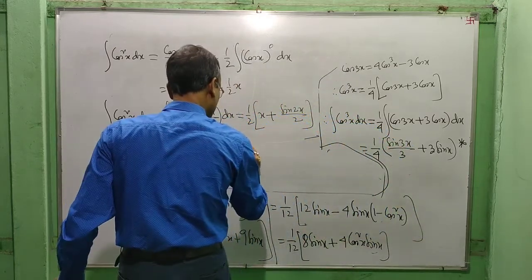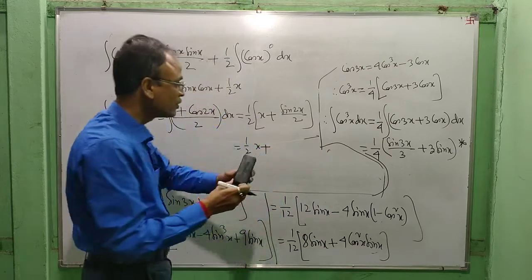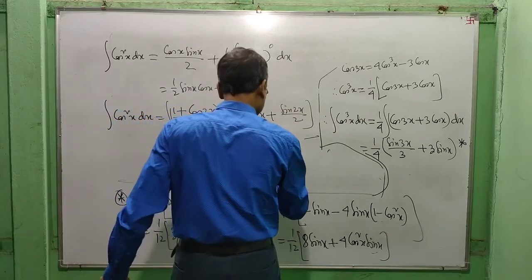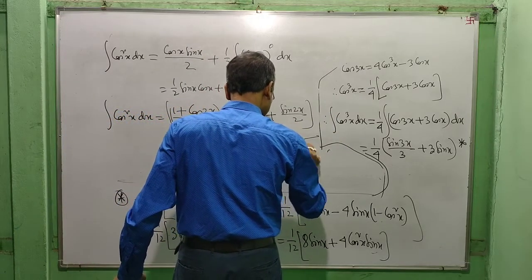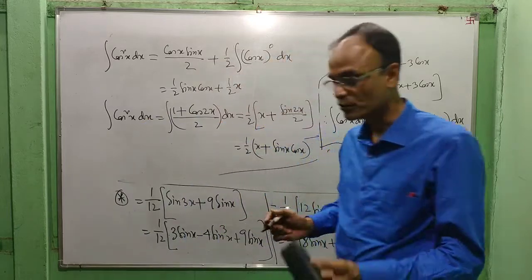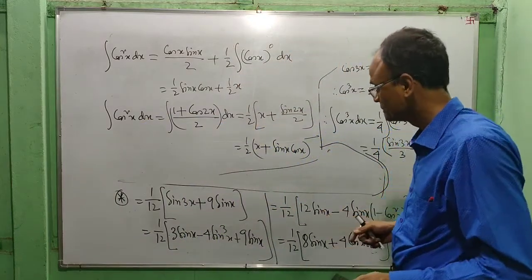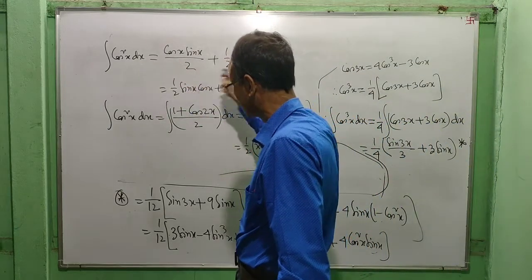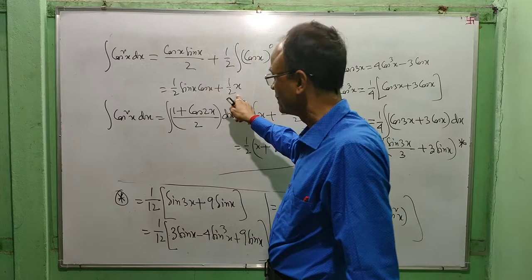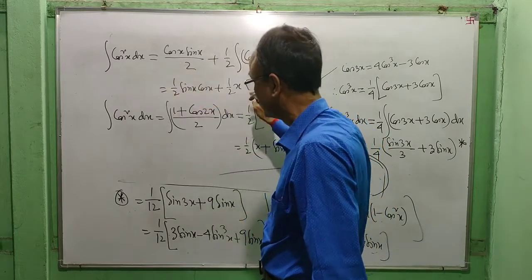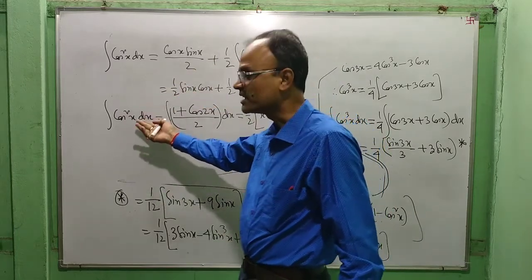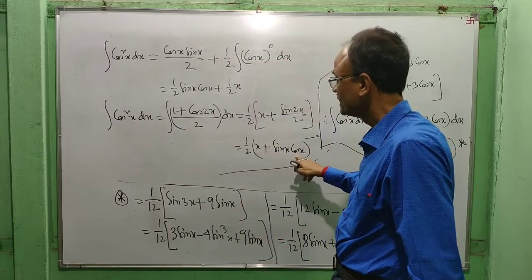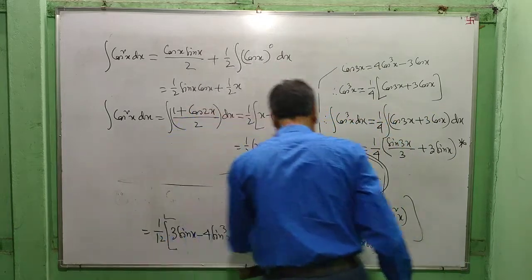This is equal to 1 by 2 (x plus sin 2x divided by 2), and sin 2x means 2 sin x into cos x. 2 will be cancelled, leaving sin x into cos x. Now this is the reduction formula. For cos square x, using the reduction formula, we have got this one. And in higher secondary level, class 11-12 level, we integrated in this way.